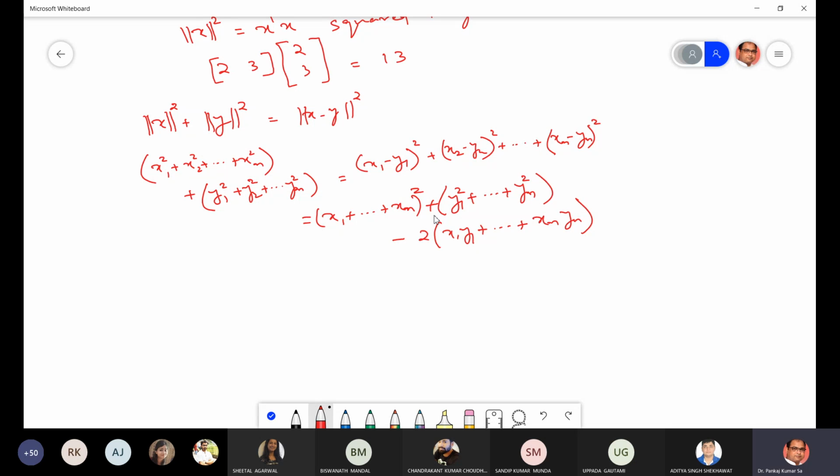Comparing the left hand side and right hand side, this is the only extra term that we have.